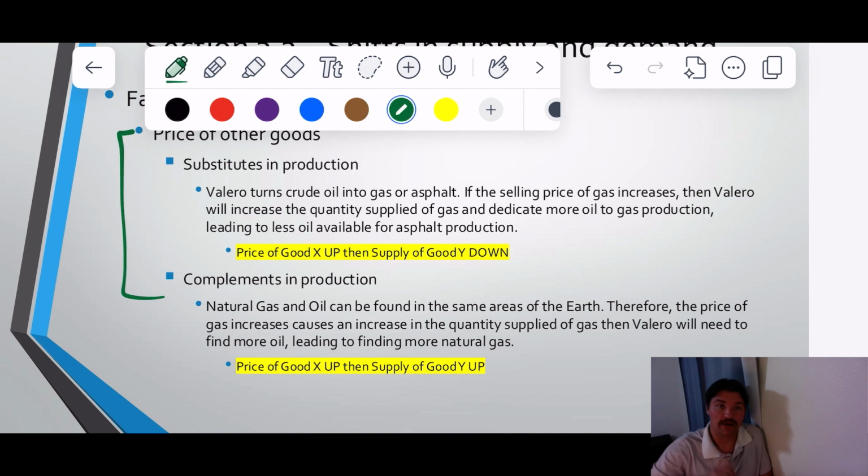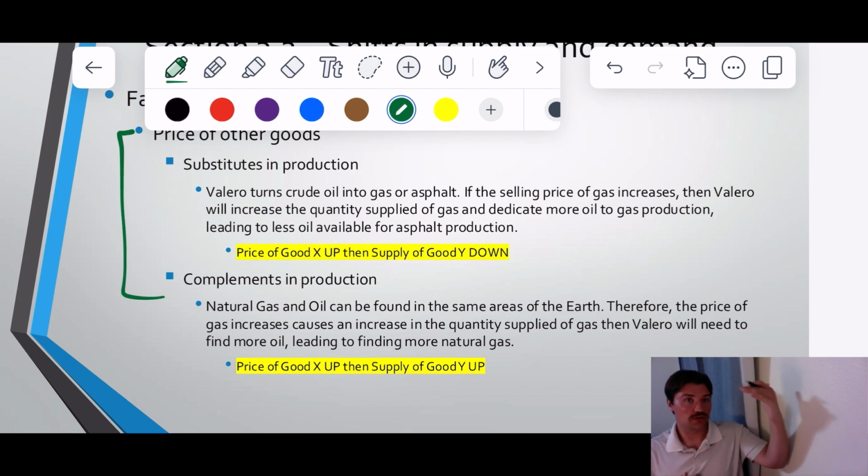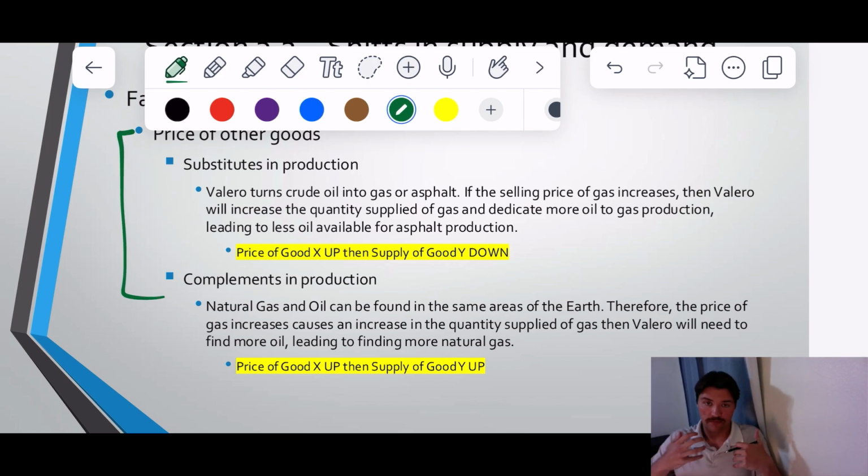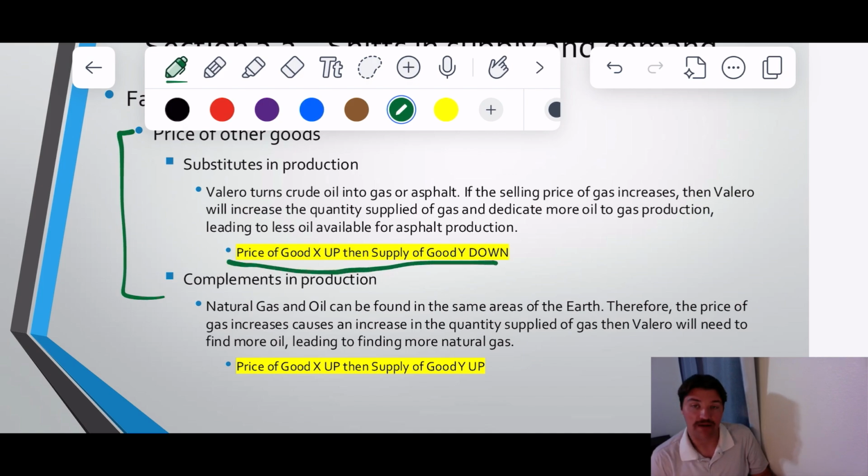So because the price of one good increases, the supply of another good decreases. Valero substituted oil for gas. They took asphalt off the shelf and put gas on the market. That's substitutes in production: when the price of one good increases, the supply of the other good is lower.